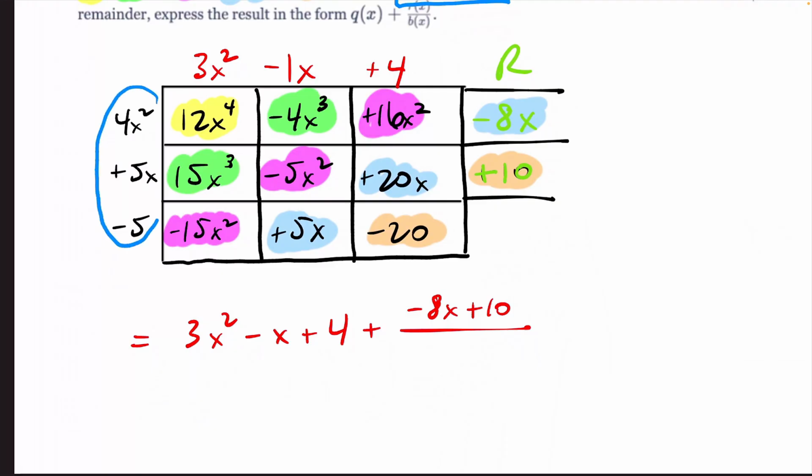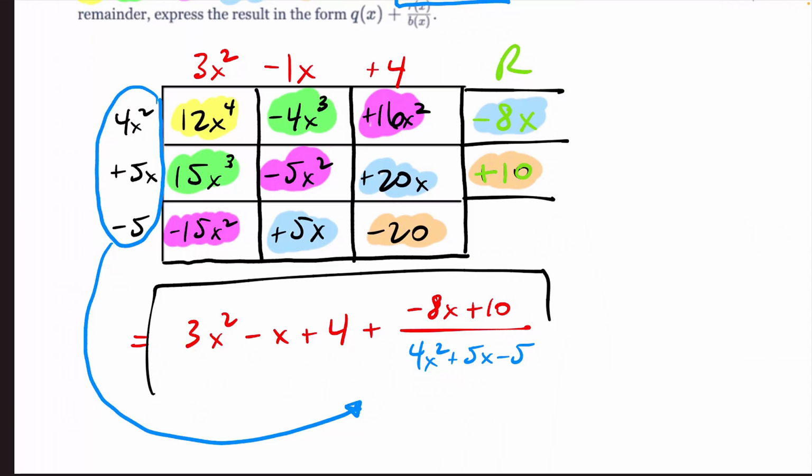Divisor goes on the bottom: 4x squared plus 5x minus 5. The only time we don't need that part is when there's no remainder. If there is a remainder, it needs to go at the end, like a fraction.